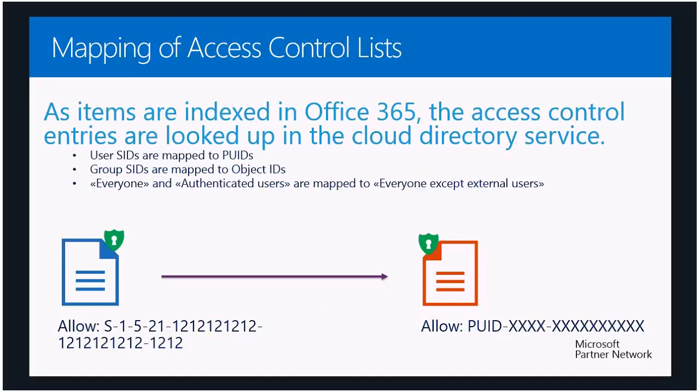Search can only show results the user has permission to access. If the user doesn't have permission to a document, search doesn't show that result. This is the so-called security trim in the SharePoint search infrastructure.